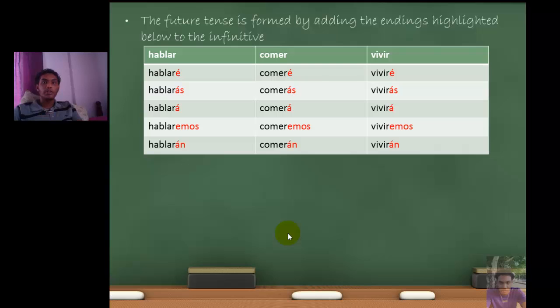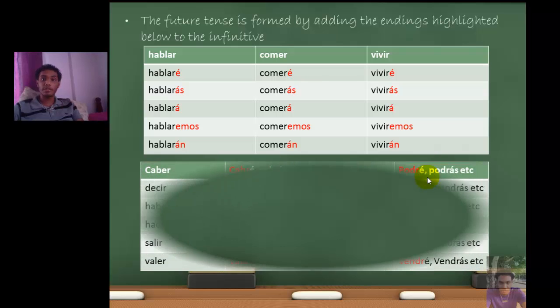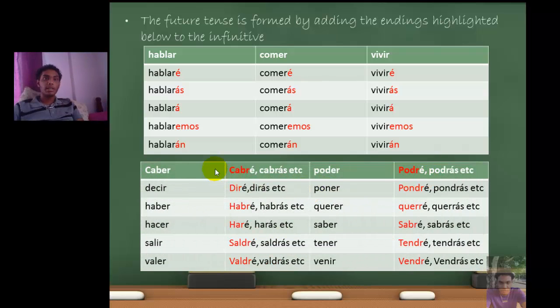Okay? The future tense. You just add these highlighted endings to the infinitives to form the future tense, right? Now the irregulars are as follows, so you should just learn them off, right? I've highlighted this stem, right, and you just continue adding on the relevant endings: é, ás, á, emos, right?